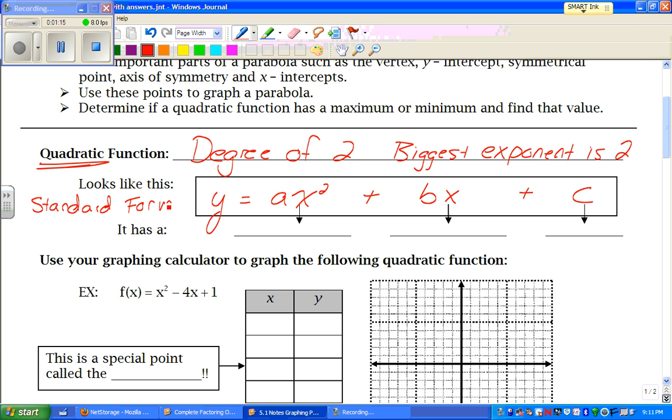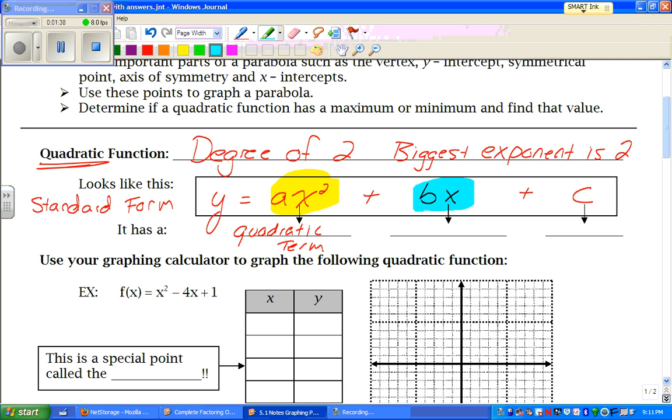When we look at this, that first part right here, this ax squared, because that one's being squared, that's the quadratic term. That's what makes this whole thing quadratic. Now these other terms help figure out where the vertex is located and everything else.